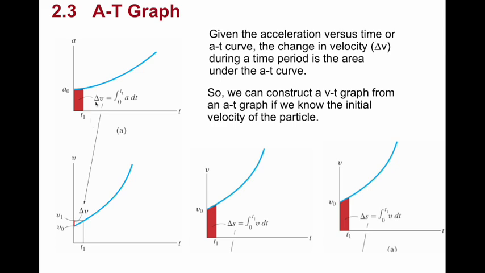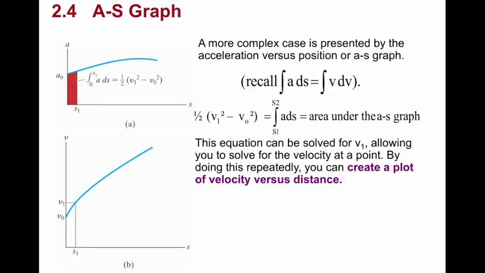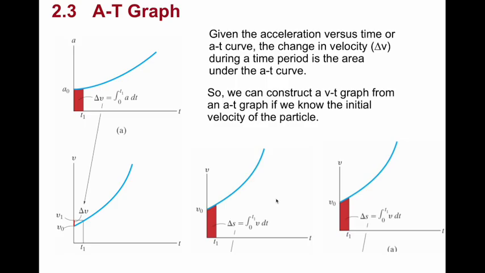If you keep doing that many times, you can keep finding the change in velocity between the time intervals and build a graph for the velocity. Then you can do exactly the same if you have the velocity and want to find the displacement graph.